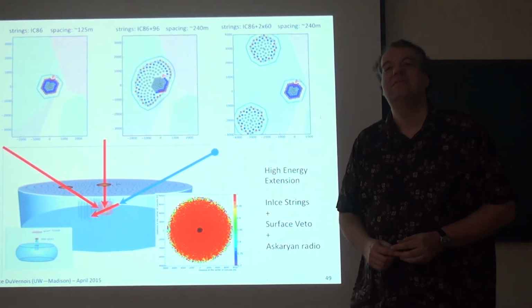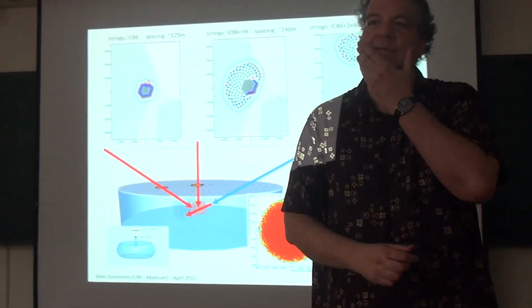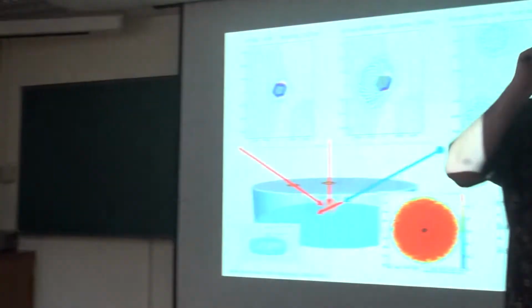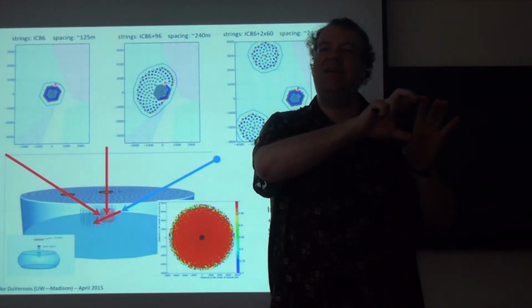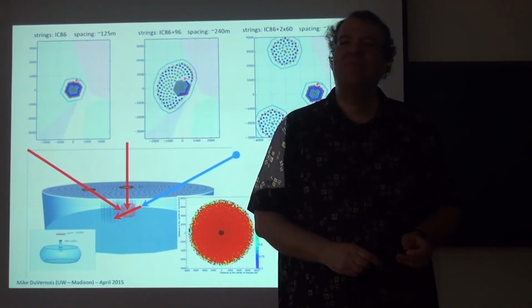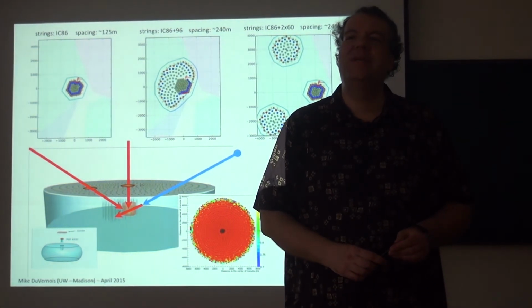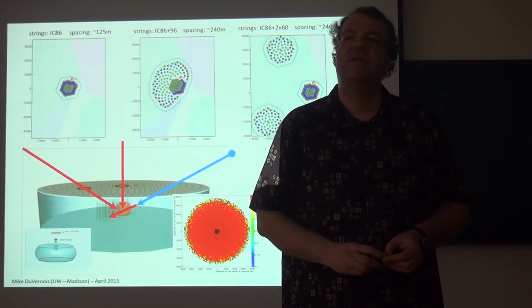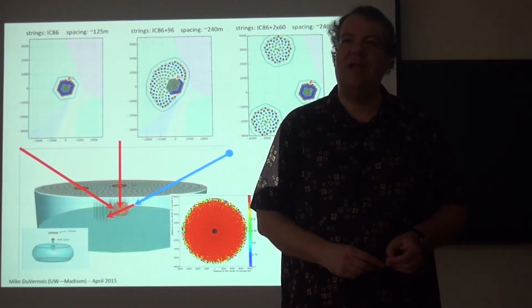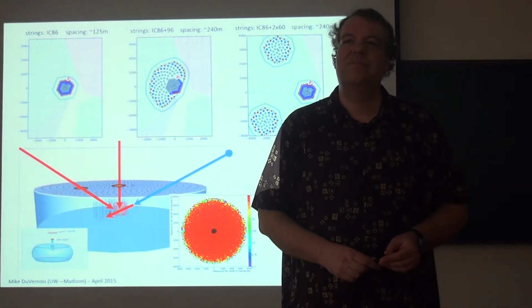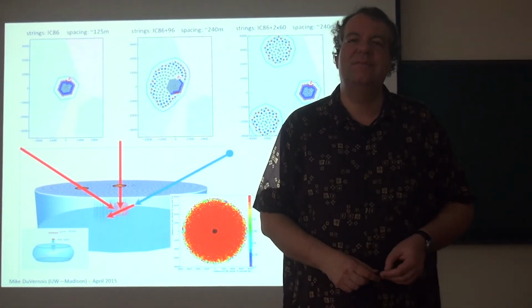The observation of the point source compatible with the gamma ray observation. So if the TeV gamma ray sources are the same as the TeV and PeV neutrino sources, or do you mean something different? 100 TeV gamma ray observation.